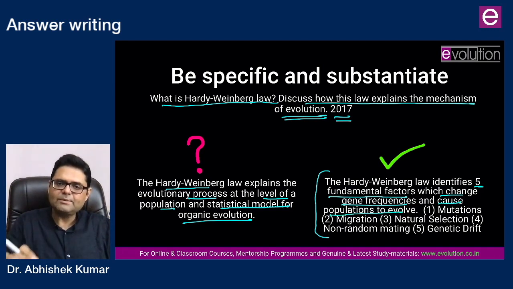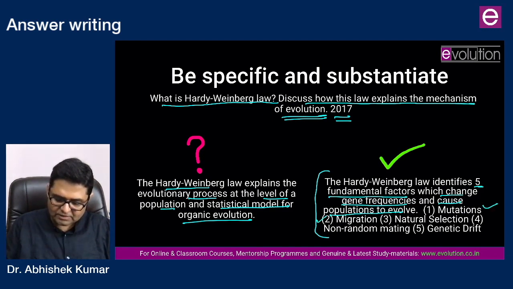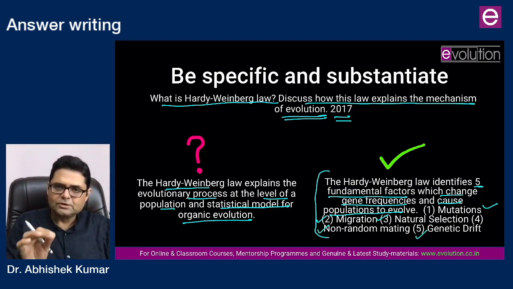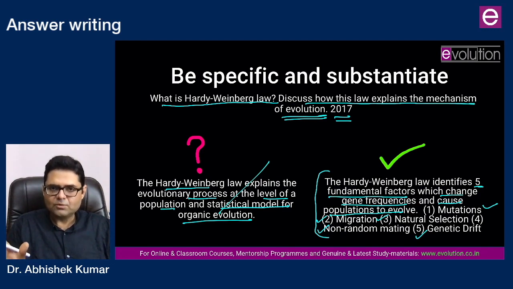And simply name those 5 factors as Hardy-Weinberg had given: mutations, migration, natural selection, non-random mating, and genetic drift. So always write specifically, no vagueness, and substantiate. If Hardy-Weinberg explained 5 factors, name all the 5 factors. That is being specific and substantiating.